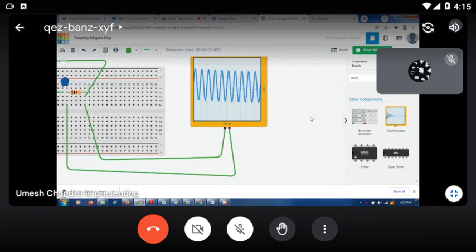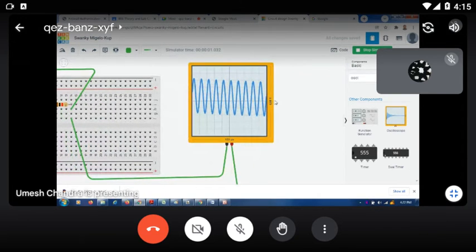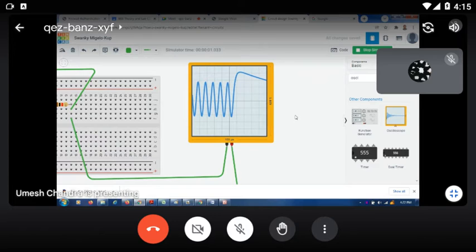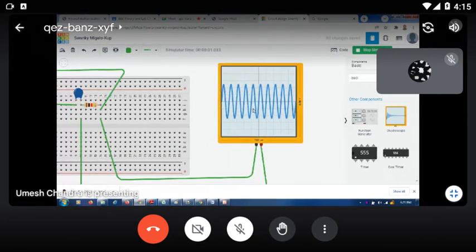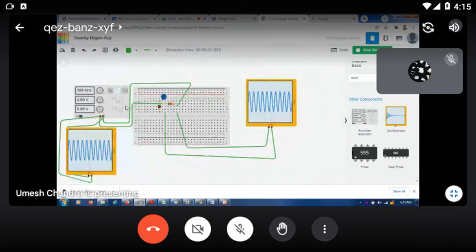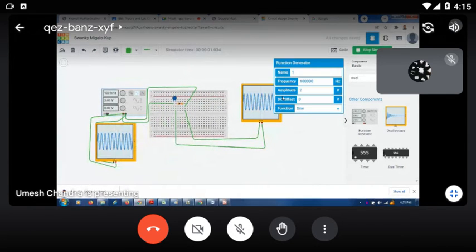Just calculate the output voltage, not the input. The input voltage is the same. Now you see here, there is 4, approximately the same. Now suppose I give 10 kilohertz.